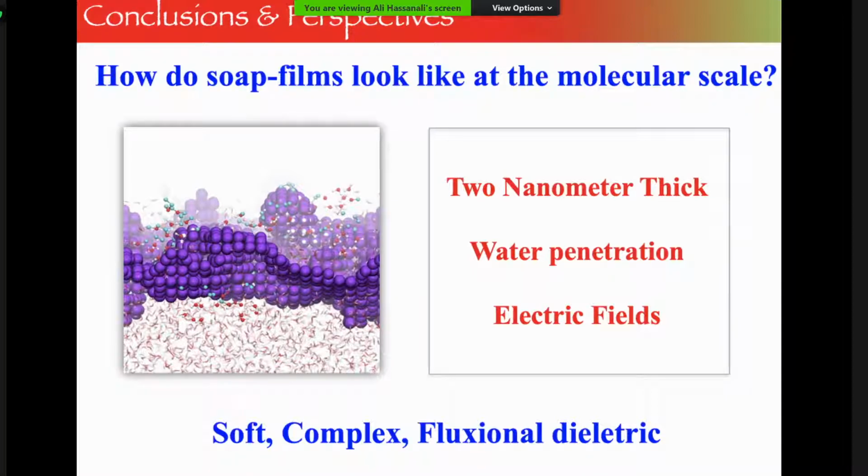One is, with this particular surfactant, we have a 2 nanometer thick layer. Its morphology is made up of very fluxional surfactant molecules with water penetrated inside. And the fluctuations of these 2 objects together lead to very interesting dielectric properties, as seen by these large electric field fluctuations. So with that, I'm done.